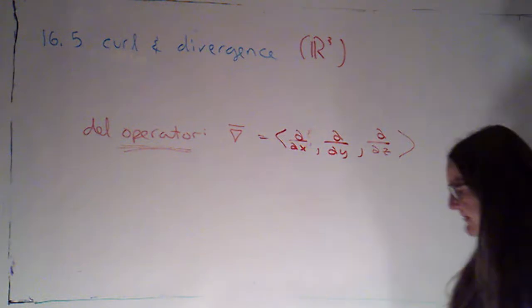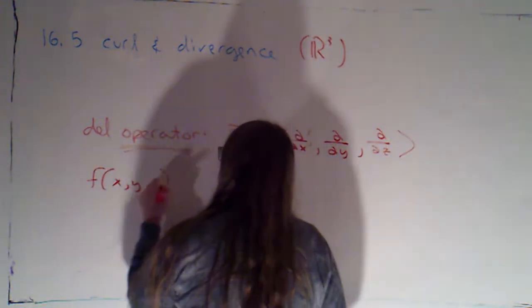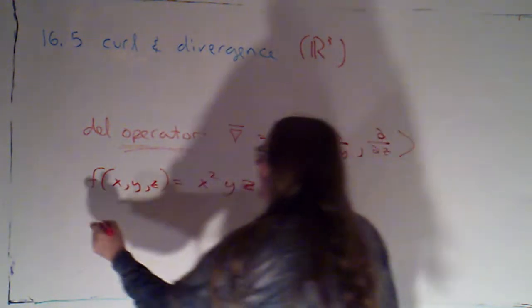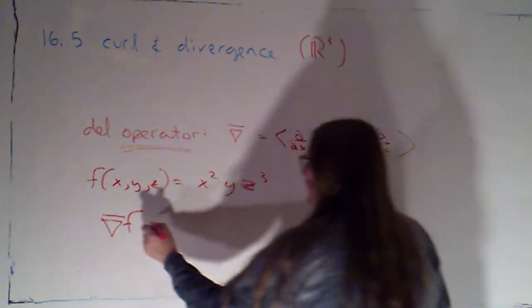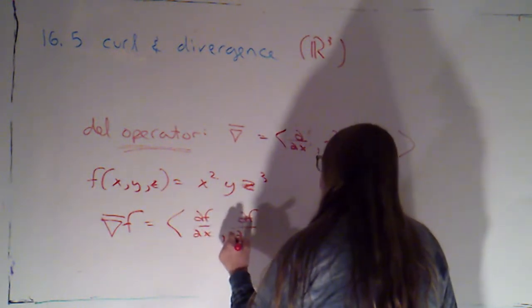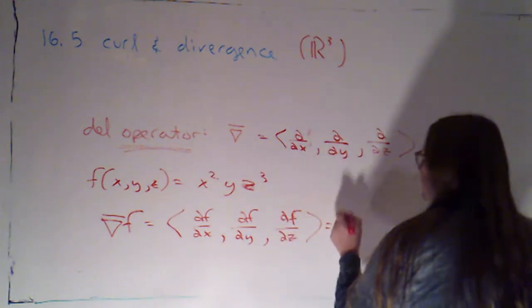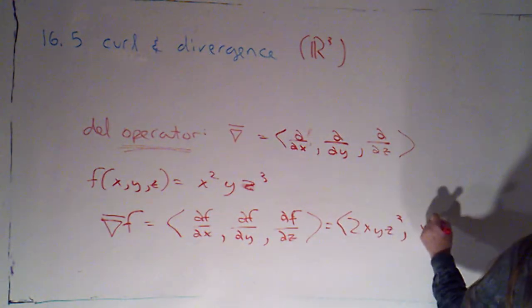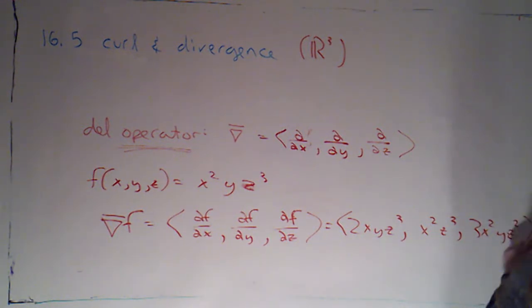So as I said, we've seen this before when we apply it to real valued functions. So if I had something like f of x, y, z equals x squared y z cubed, and I applied the del operator to that to get del f, that would just give me the partial of f with respect to x, partial of f with respect to y, partial of f with respect to z, which of course would just be 2xyz cubed, comma, x squared z cubed, comma, 3x squared y z squared.